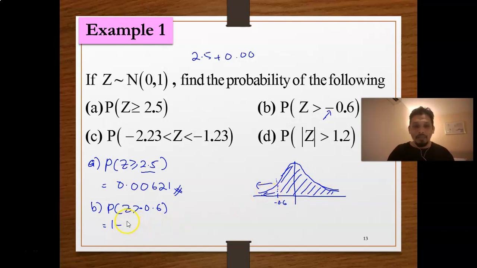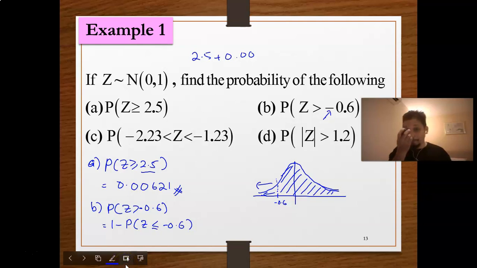So the probability of Z less than or equal to negative 0.6. Now look at this one here. What if I turn the area on the left side to the right, and this one to the left side?